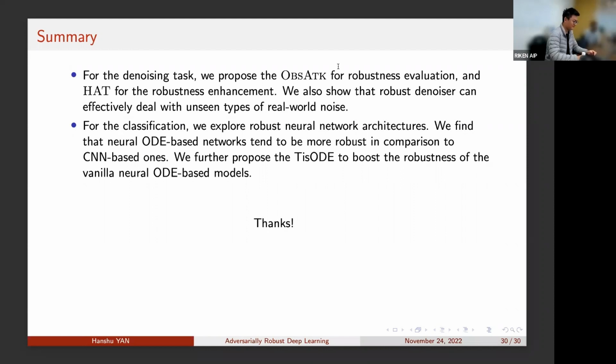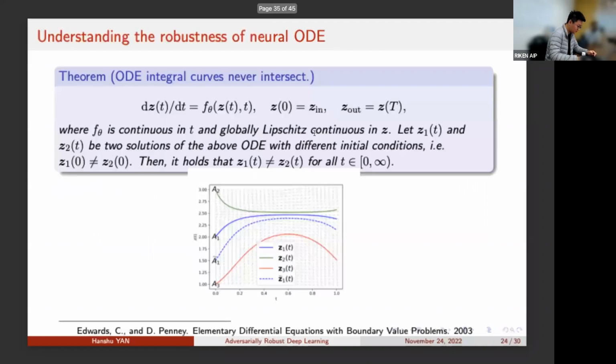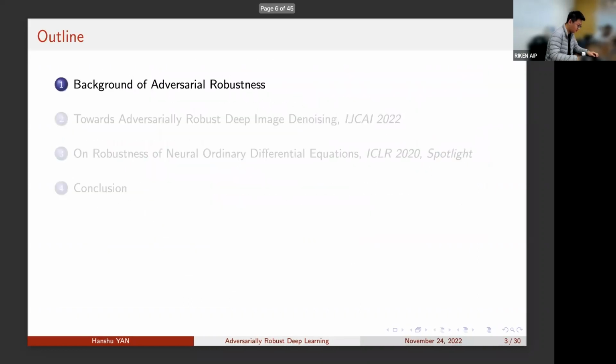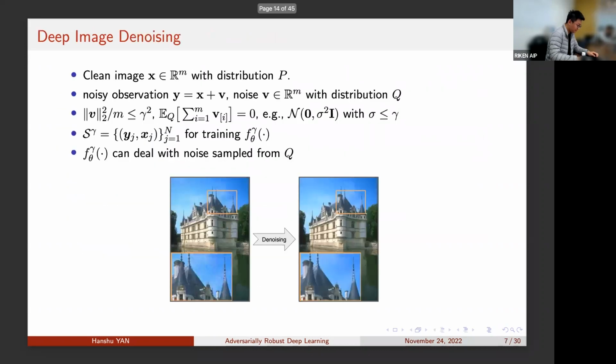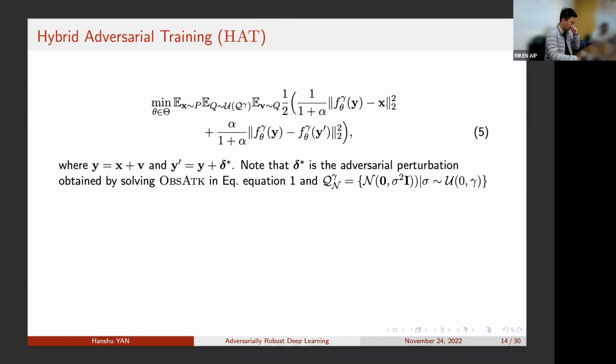Can you show the loss function for HAT first of all? Sure. This one, right? Yes. Because the standard AT usually learns the min-max optimization, but here you use a different strategy. Oh, sorry.